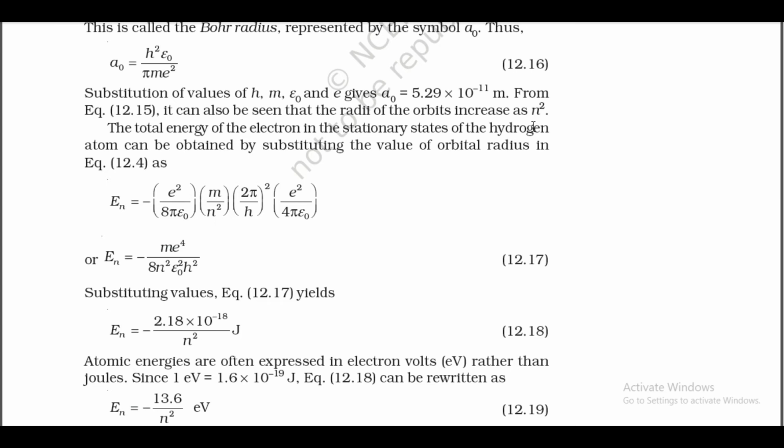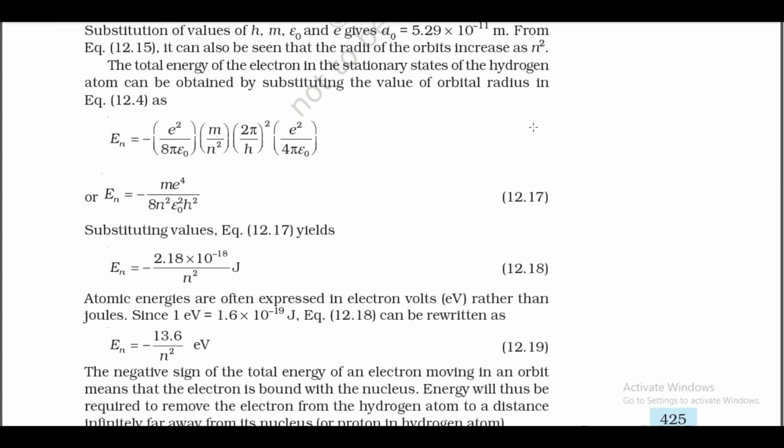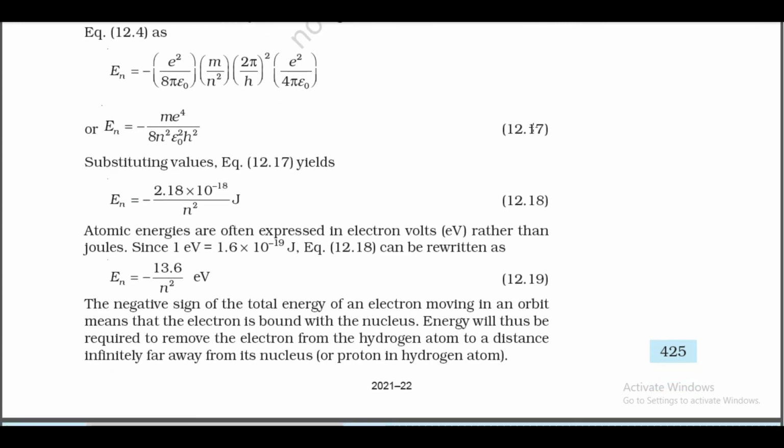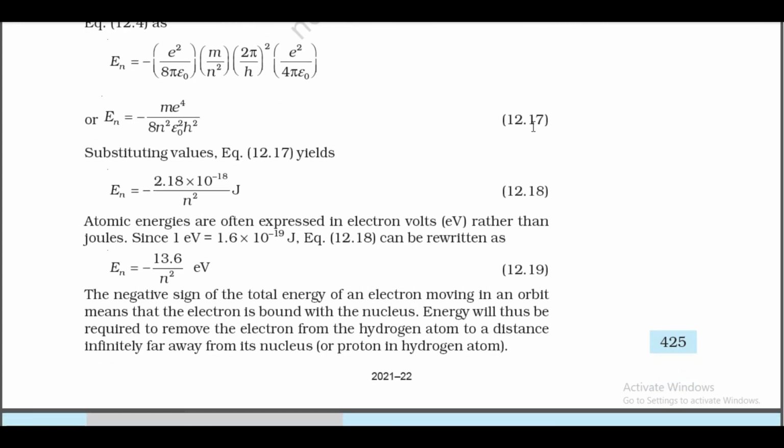Substituting values, equation 12.17 yields En is equal to minus 2.18 into 10 to the power minus 18 by n squared joule.